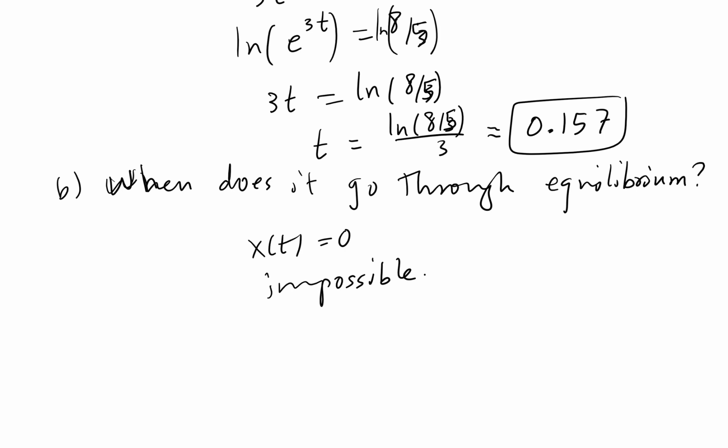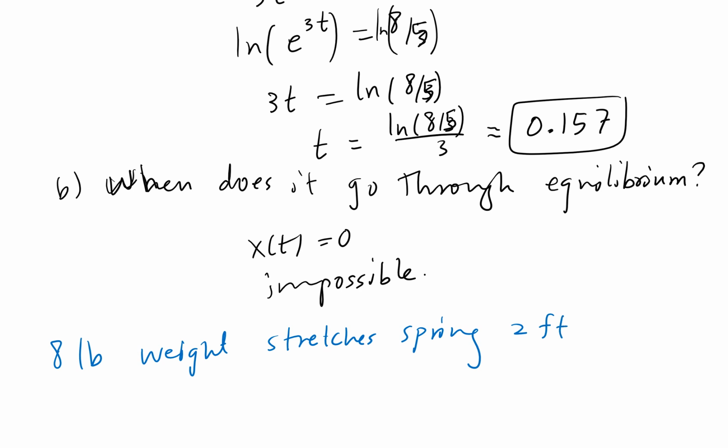Next example, as an application from the book: let's say an 8-pound weight stretches a spring 2 feet, with a damping force, this is all given, equal to twice the instantaneous velocity.